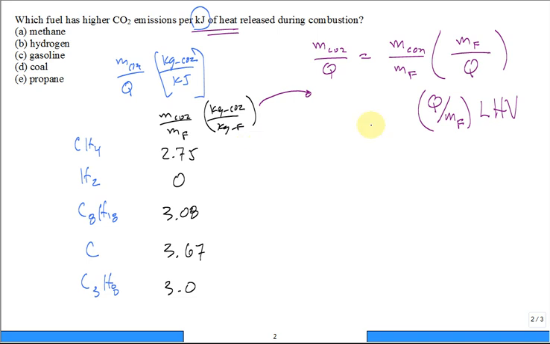Look up the lower heating value for each of these fuels. For methane, it was something like 50,020. What are the units? Kilojoules of heat release per kilogram of that fuel. What about for hydrogen? I know I'm not going to do anything with it, but it's 119,950.